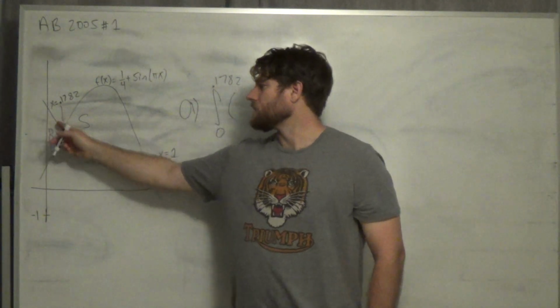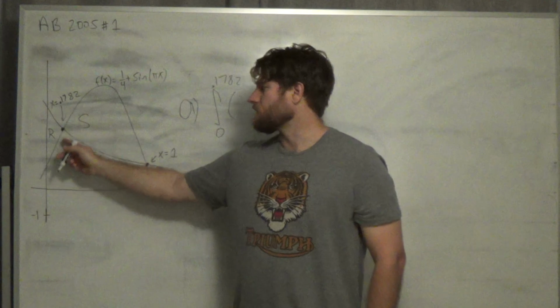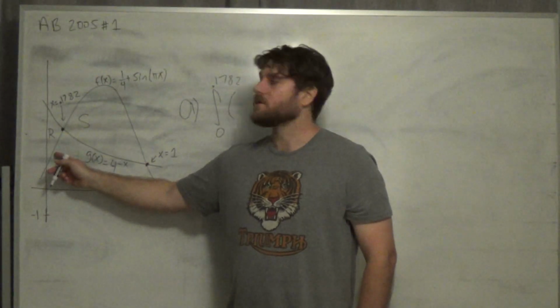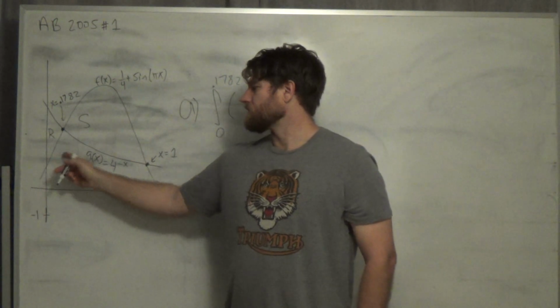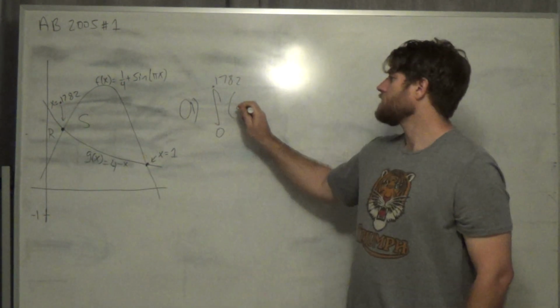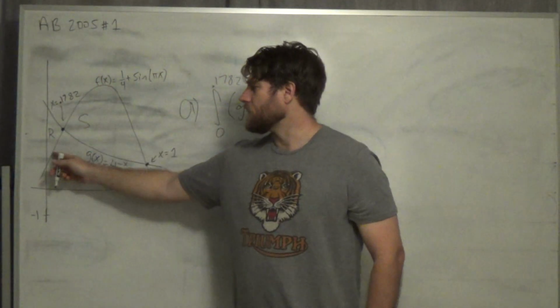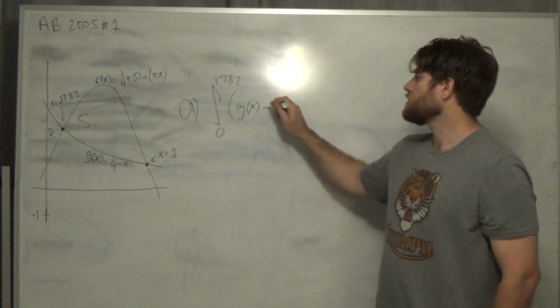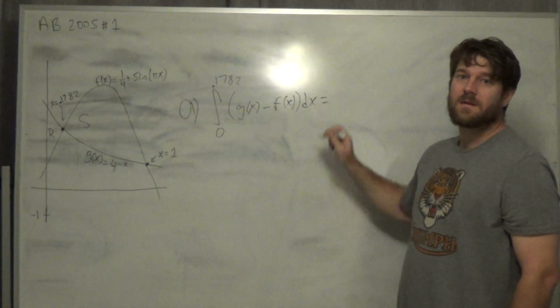The top equation is the 4 to the negative x, and the bottom equation, if you follow it along, is the 1/4 plus sine pi x. But I'm going to make life easier for myself. They've already called this g of x. So my top equation is g of x minus my bottom equation, f of x. Don't forget the dx at the end.